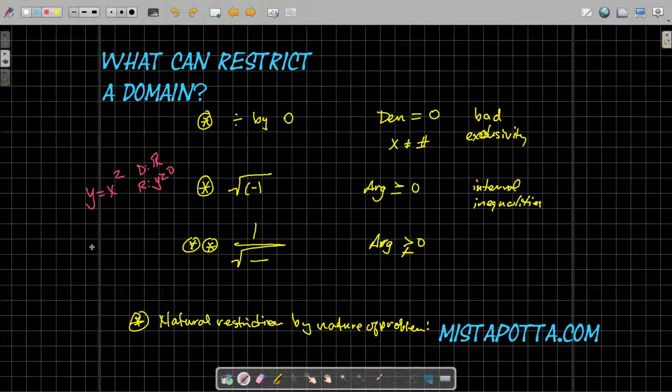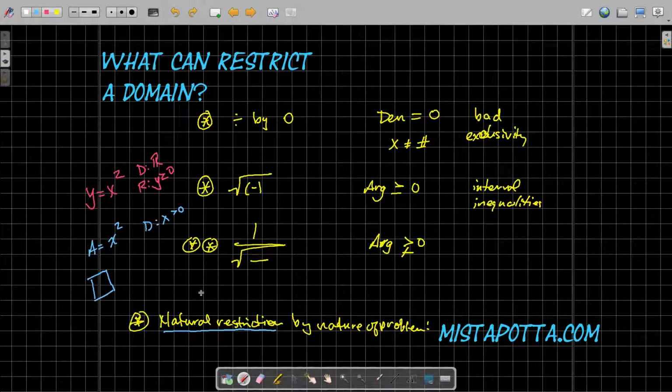But if I was to look at the area of a square, here I have a natural domain that x has to be greater than 0, because we never deal in geometry with squares that have negative or 0 length sides. So I have a domain that's affected by a natural restriction.